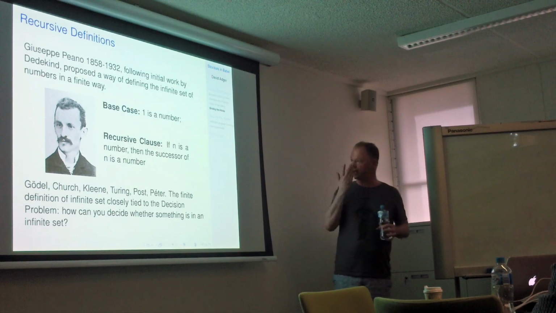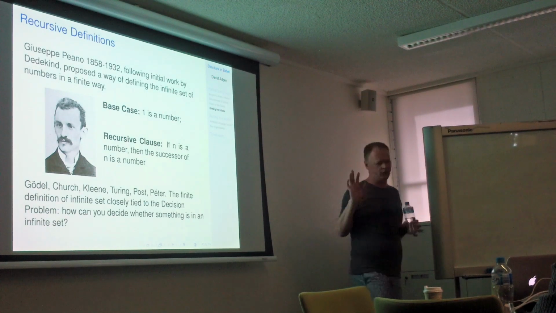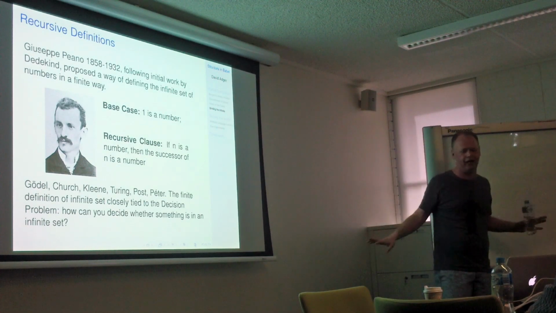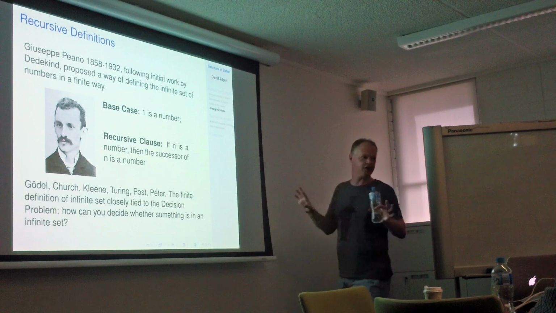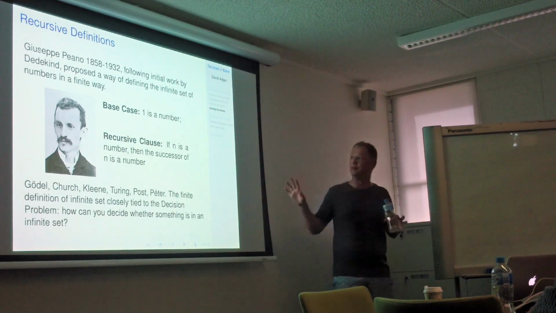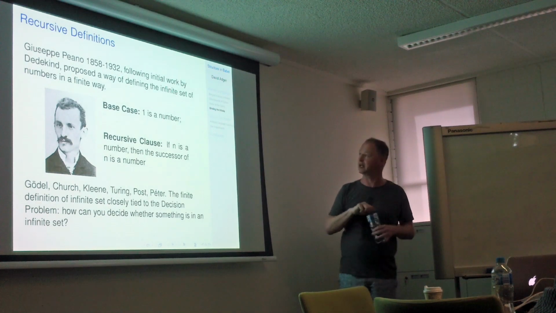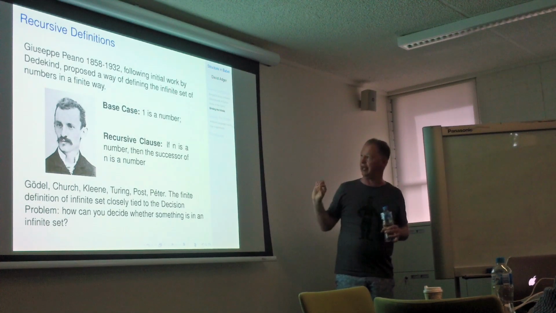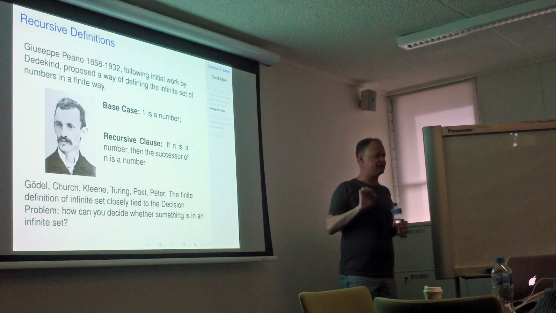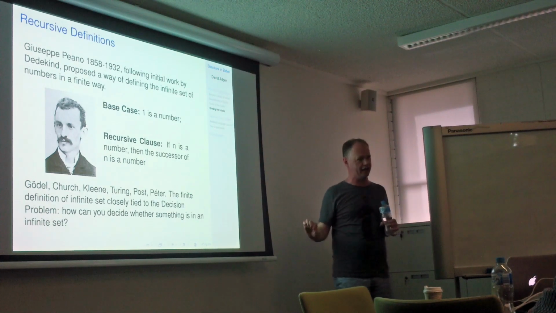Okay? So the first of these, I mean, it's hard to disentangle the intellectual precedents here, but at least Giuseppe Peano, in his attempts to build the foundations of arithmetic, proposed a way of defining the infinite set of numbers in a finite way.